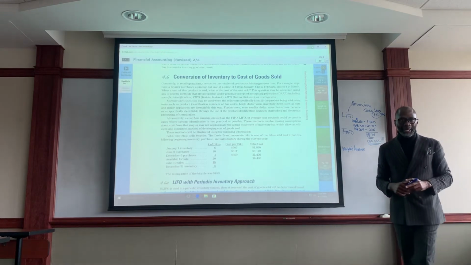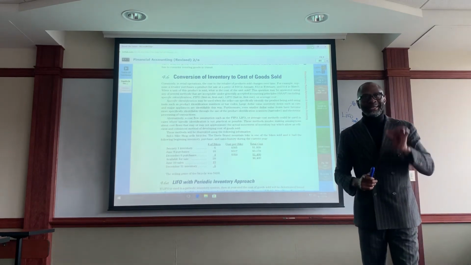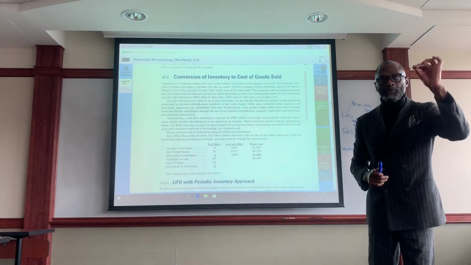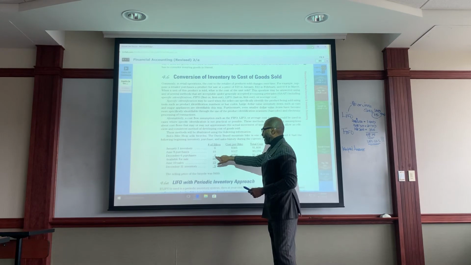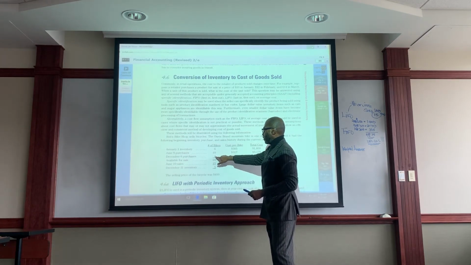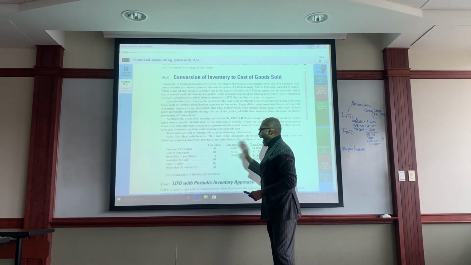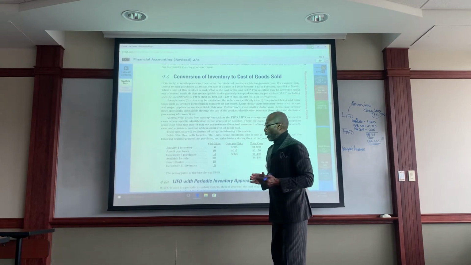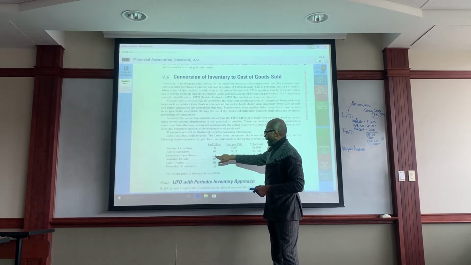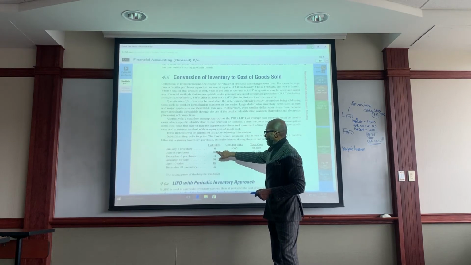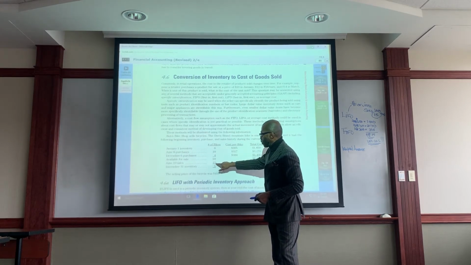I'll go back through that again. LIFO says the last item in comes out first. What is the last item in goods available for sale? It is the December 6th purchase of 4 units. How many units do I need to account for? The number of units that were sold, 15. We're going to take 4 plus 10 plus 1 to get us to 15.